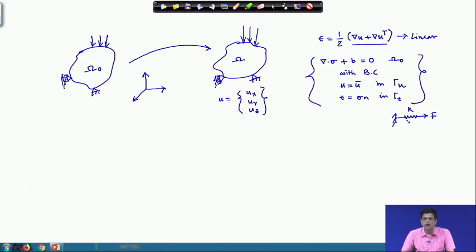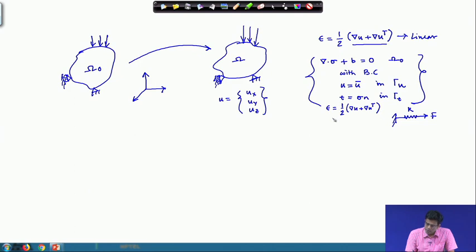So, the essence of this discussion is that we need to relate stress and strain. Now, here I define strain as above, which is half of del u plus del u transpose.